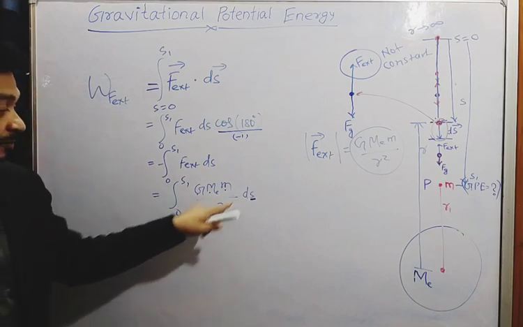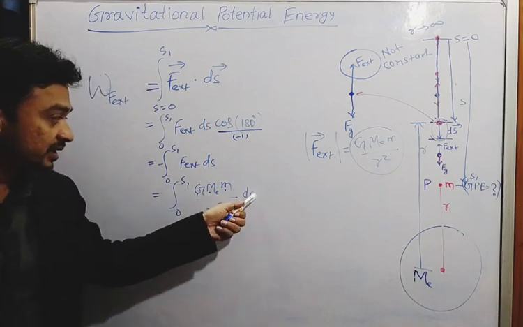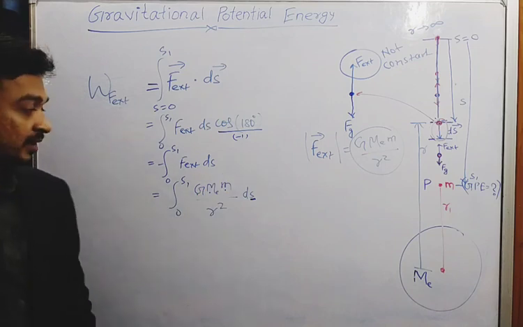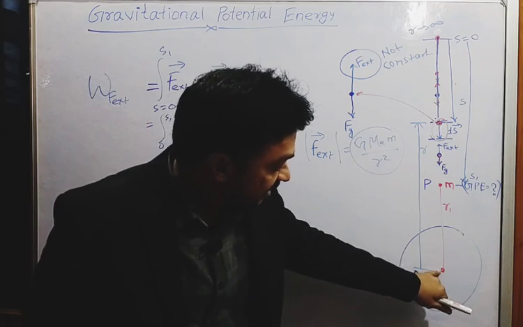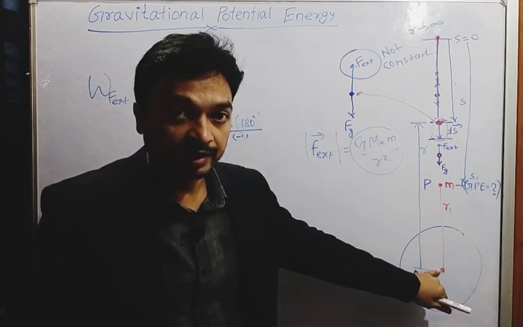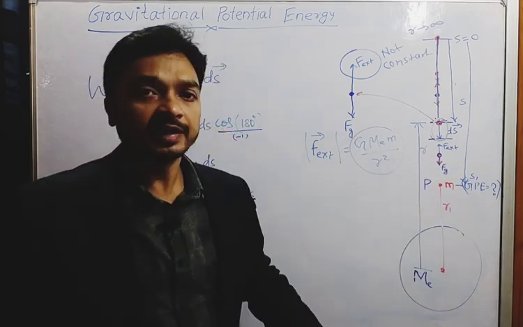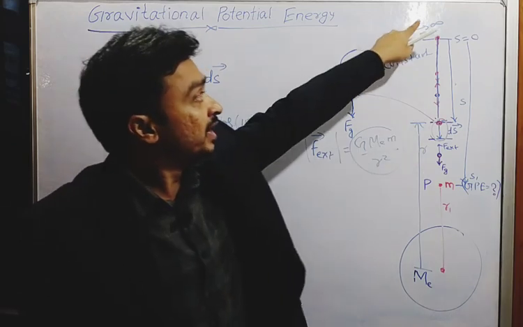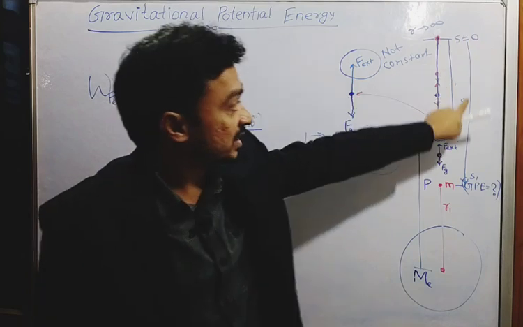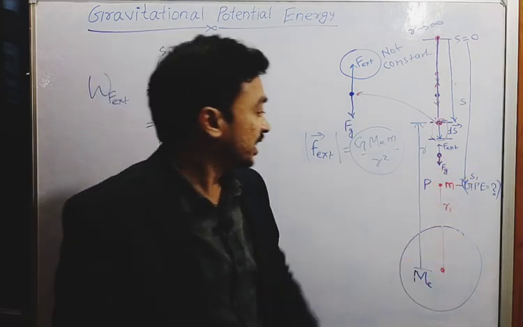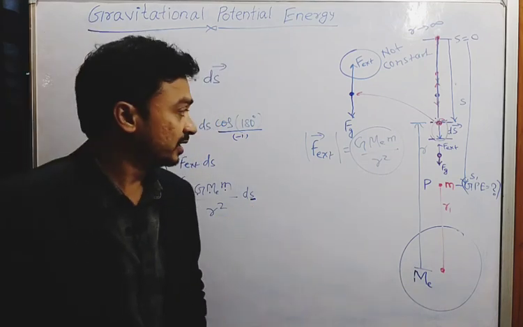So first we have to change the variable. Either we can change r to s or s to r. For this, generally we take reference from the center of earth or any bigger object, and measuring distance from here is quite reasonable. The infinity point is not defined from where we are measuring this displacement. That's why taking variable r here is more reasonable.